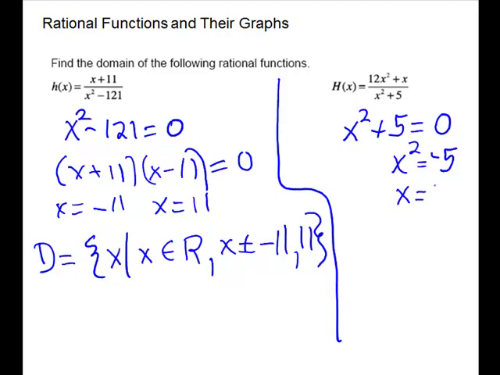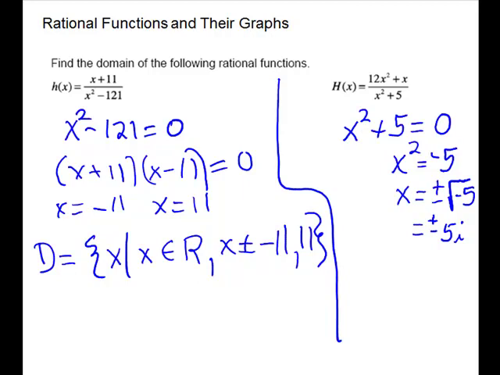So x equals plus or minus square root of negative 5. But this is a complex number. So this is plus or minus i square root of 5, and those are not real numbers to throw away.